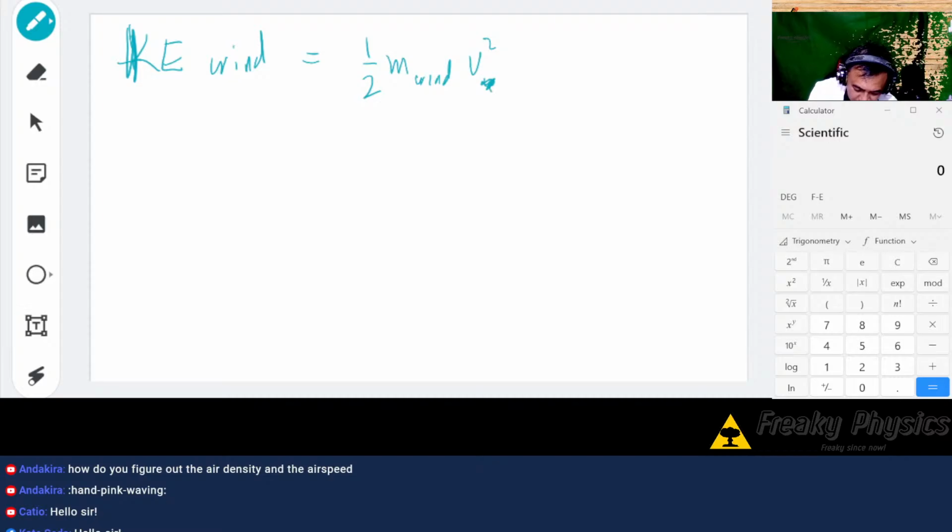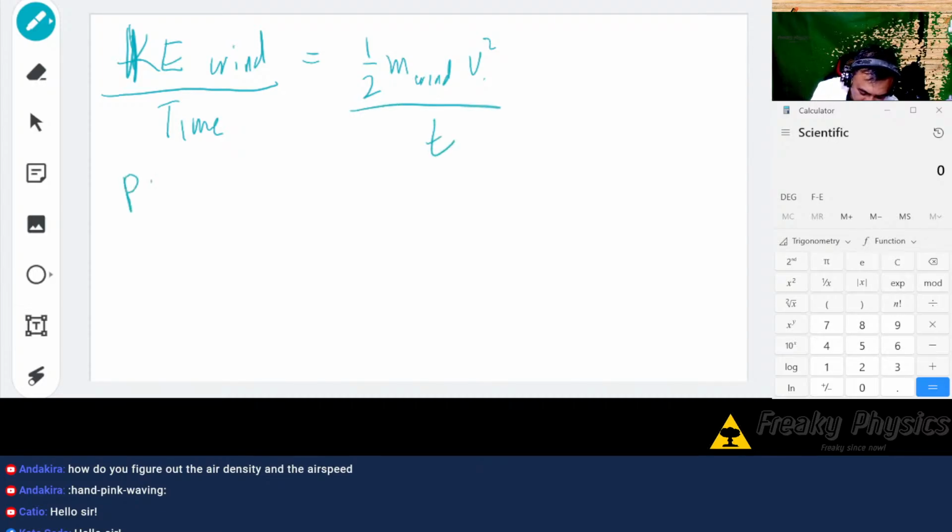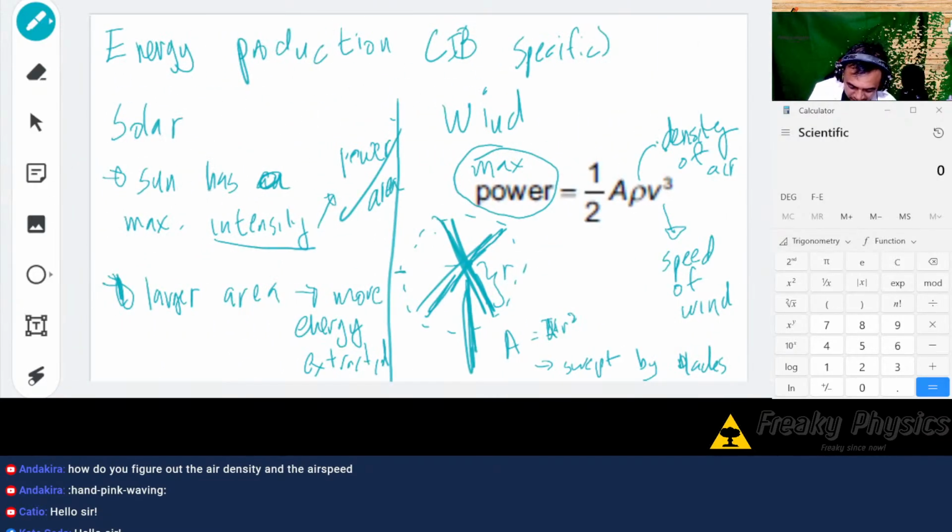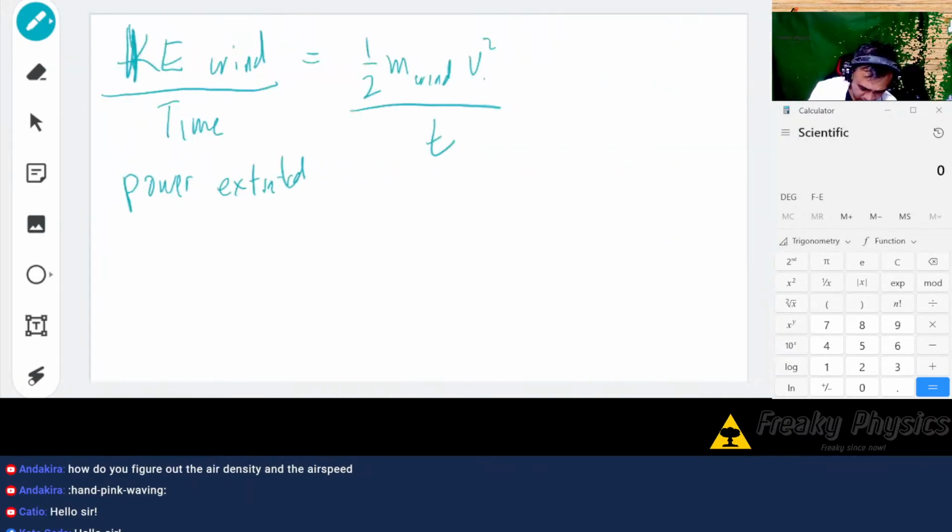So from here, if we divide this by time, over t, this becomes power extracted, and that's exactly what we got here. So that's power extracted. The 1/2 is still there. The mass can be described: mass is equal to density times volume, right?